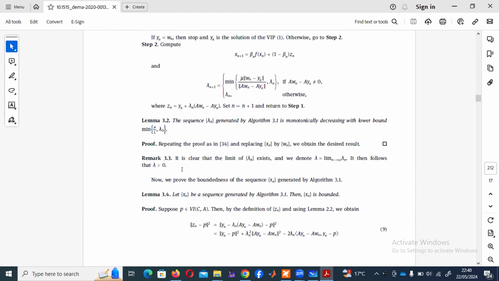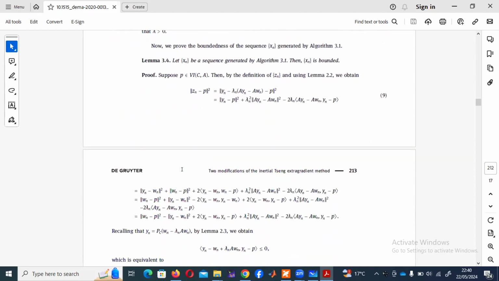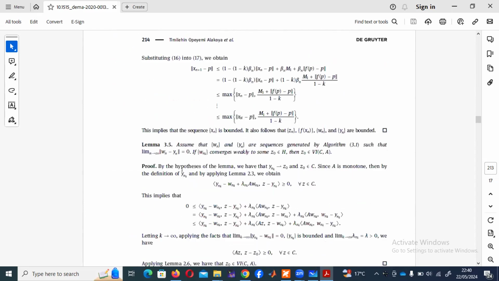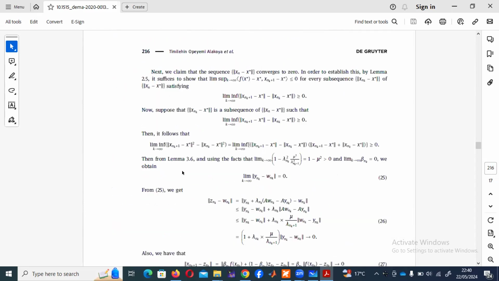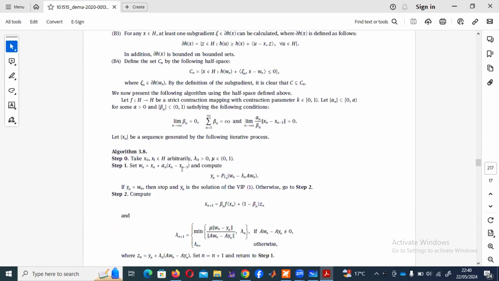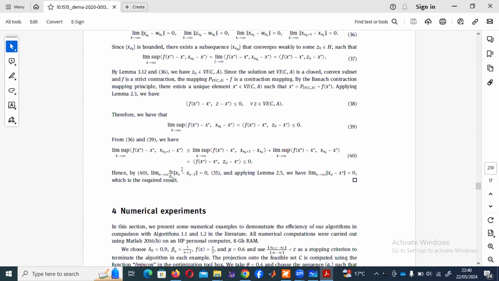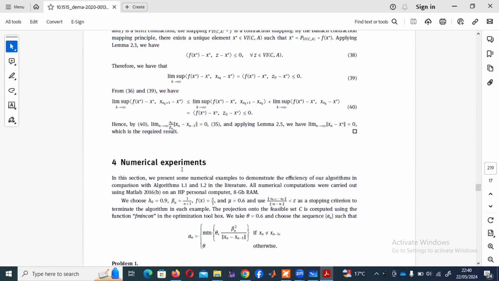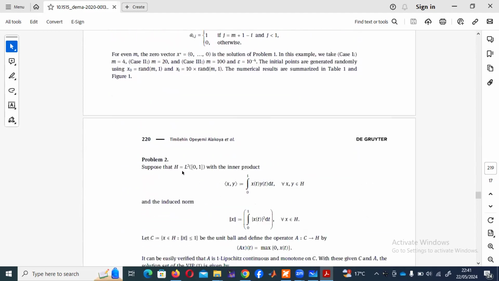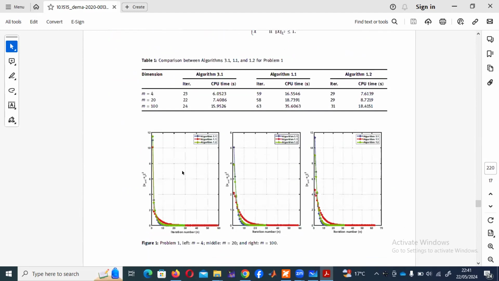Then in section 4, we have a series of numerical simulations to describe how the newly introduced algorithm works, and we can see from the result that it worked better. It converged faster than the others, considering the time. So I think that is all in the paper.